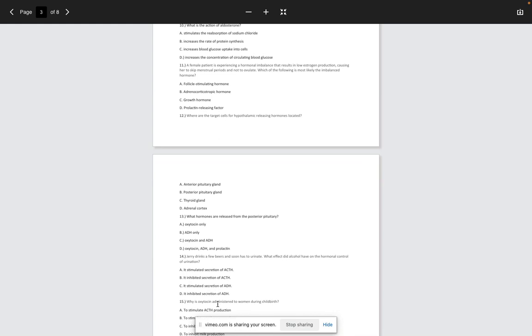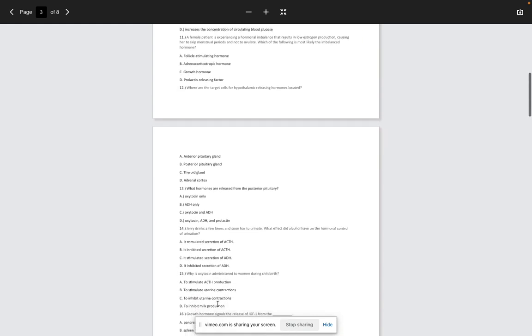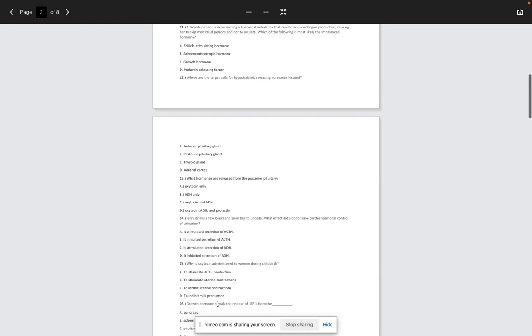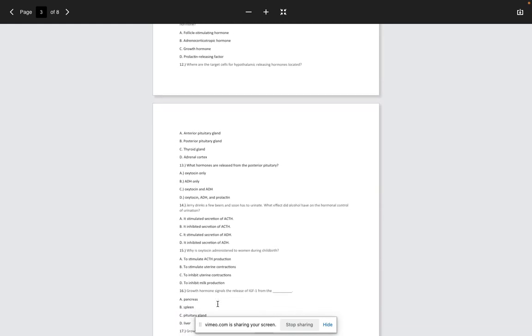ADH is normally going to conserve water. Why is oxytocin administered to women during childbirth? I must have thought that was a good exam question because that's on the exam, right? So oxytocin is going to stimulate uterine contractions, okay?